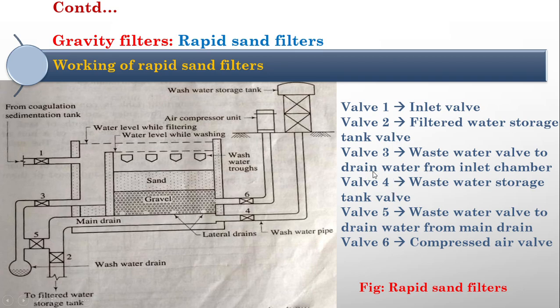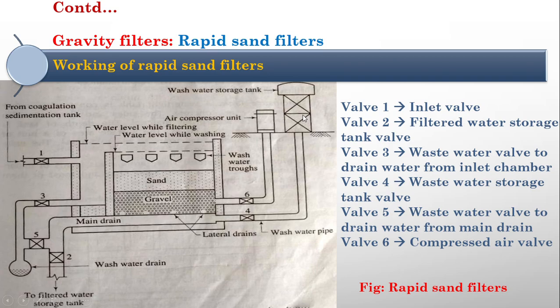And valve number 4 is the wash water storage tank. It is not wastewater, I am sorry, it is wash water. Wash water storage tank means the water which we have to use for cleaning the filter. An amount of water which is filtered through this will be stored here for cleaning the filter.